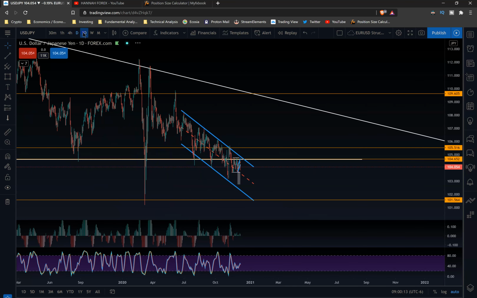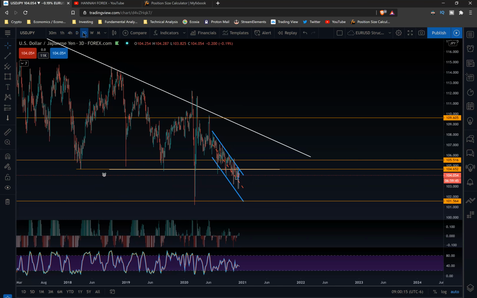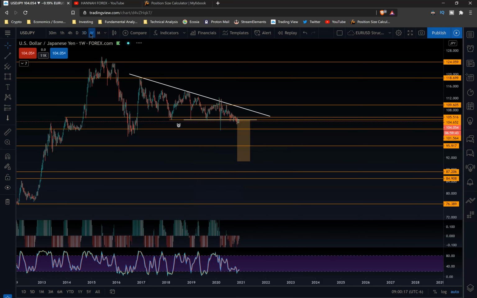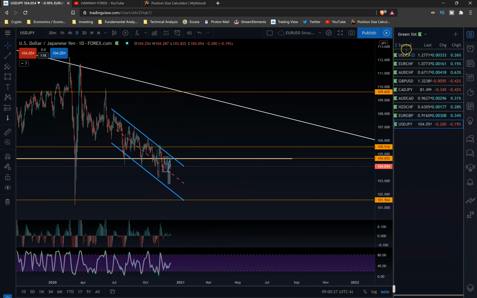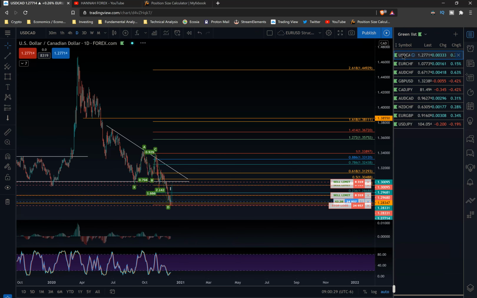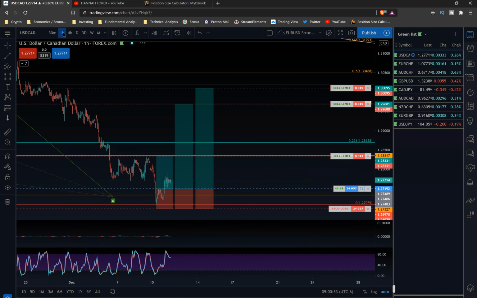The daily, I believe the 3 day is in our favor. Also, in the weekly, we have waning negative momentum, but that's the dollar yen. The yen would be my fourth idea of the week, but I'm trying not to take so many trades in a week, maybe one or two, possibly three, 1 to 3 trades. Swing trader, hold them.